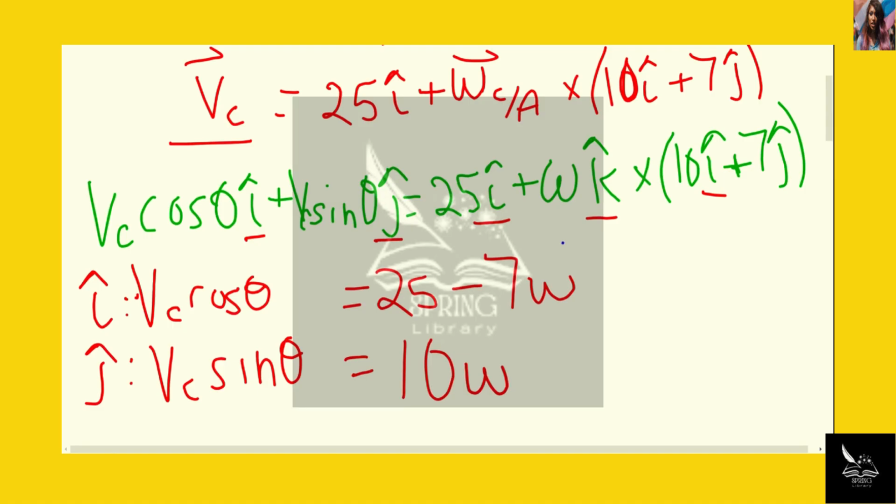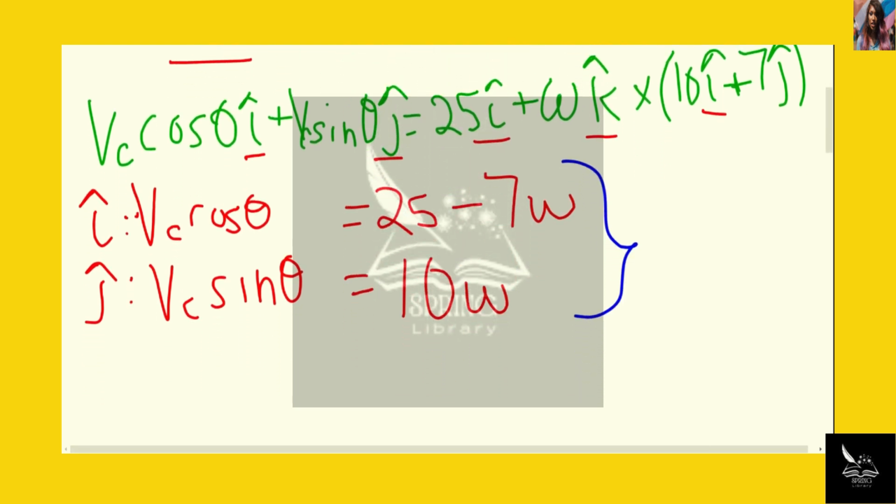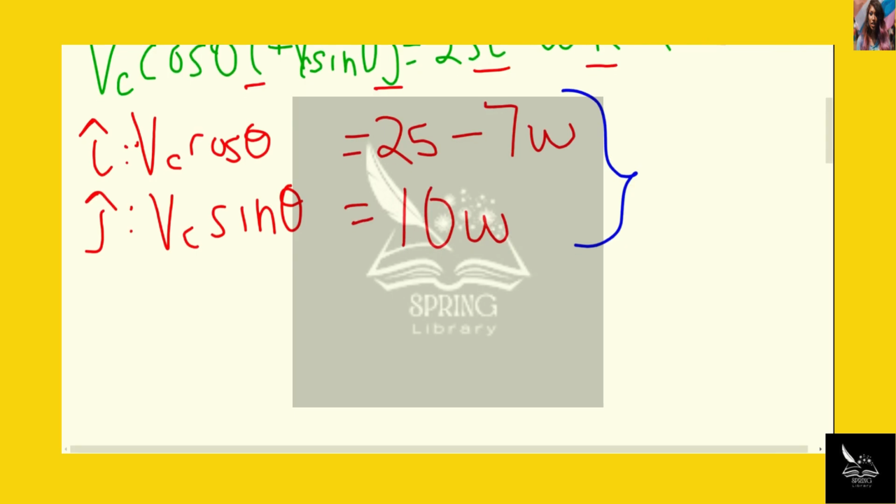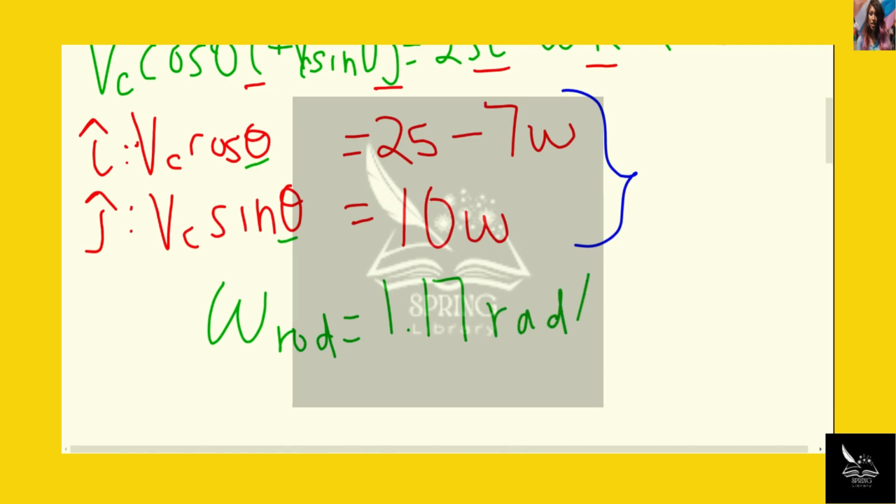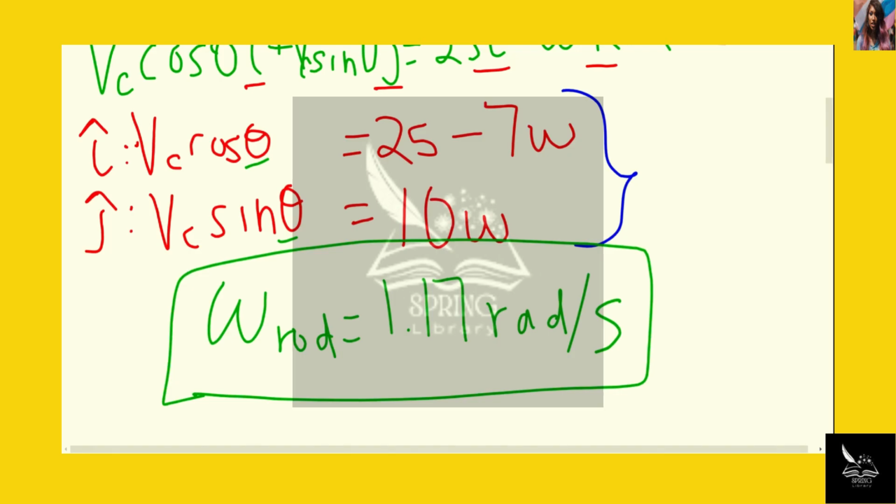So right now, you can see that we have two equations with two unknowns, and we can solve for omega and VC. Now we're really only interested in VC. Once we plug in for theta, we get an omega rod of 1.17 radians per second. So that completes one part of our objective.